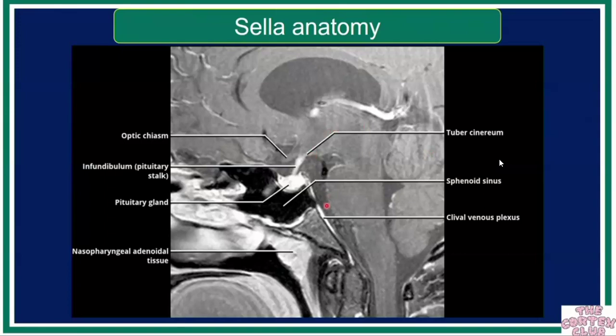And again, a good way to identify whether or not we are dealing with a post-contrast T1 weighted image is to look at the nasal or the adenoid mucosa. We can see that the nasal mucosa is enhancing, and that's how we can deduce that this is a post-contrast T1 weighted image.